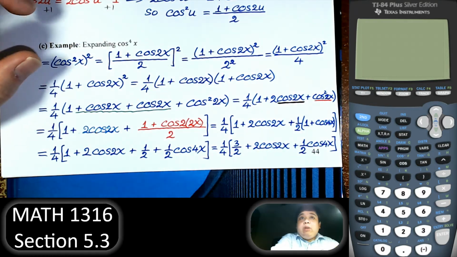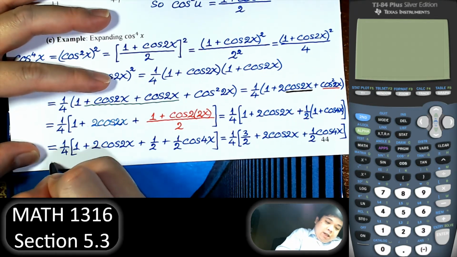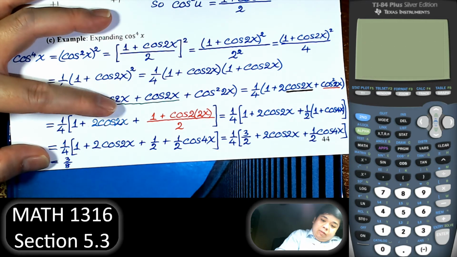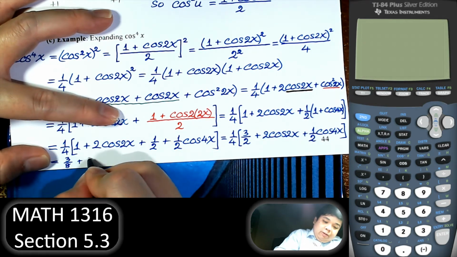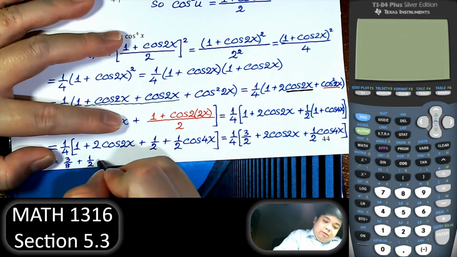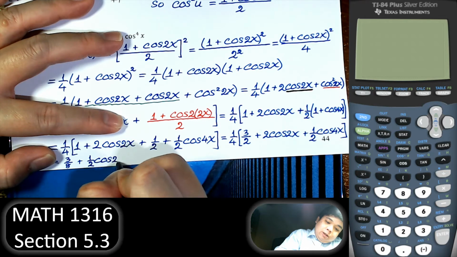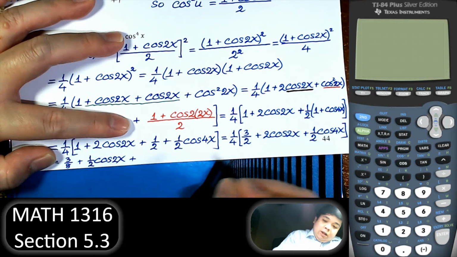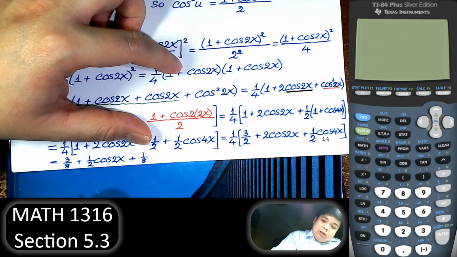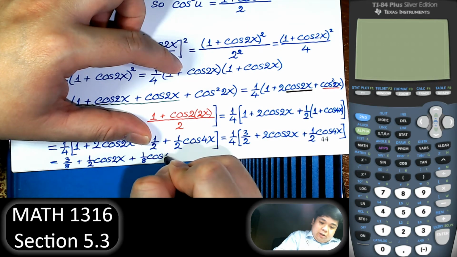If we want to, we can multiply it out one more time. We have 3/8 plus 1/2. 2 times 1/4 is 1/2 cosine of 2x. And 1/4 1/2 is 1/8 cosine of 4x.